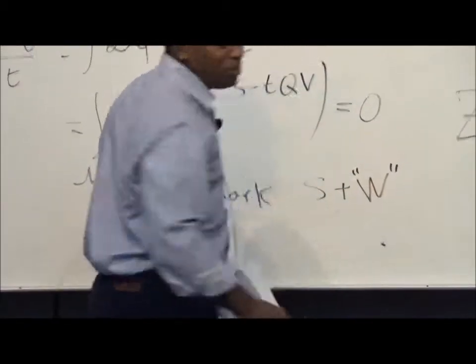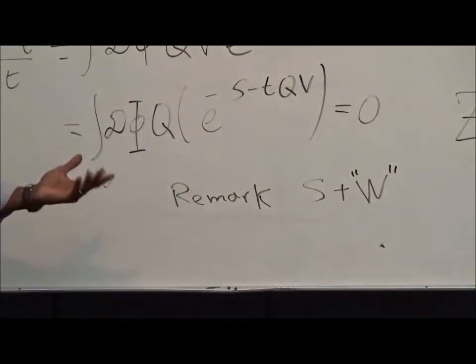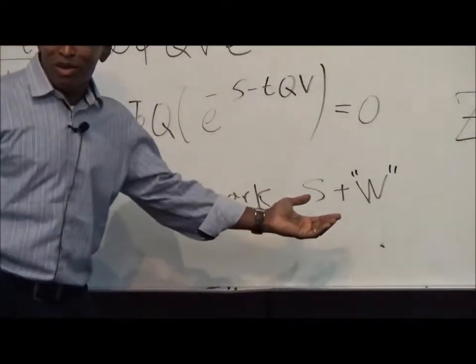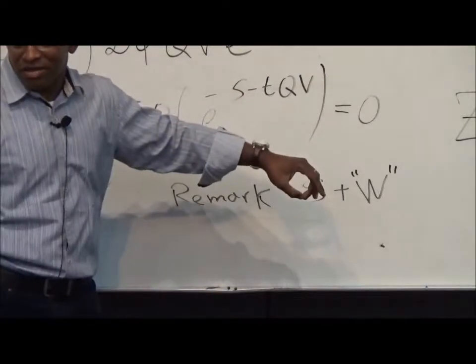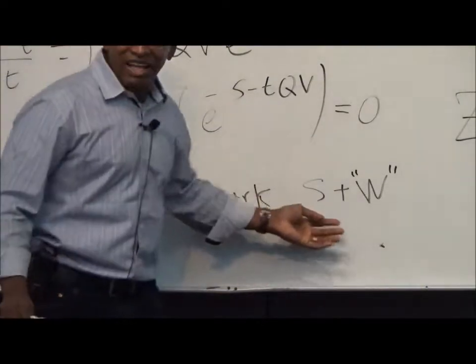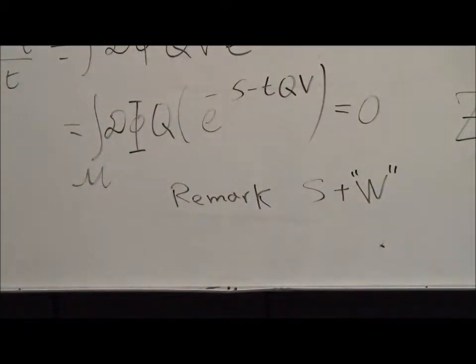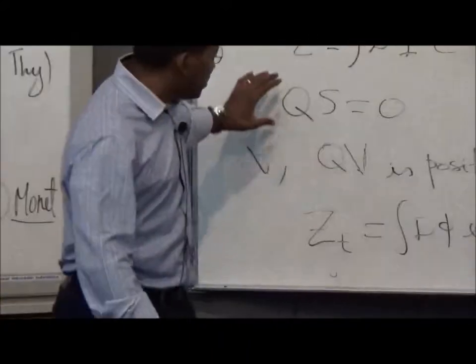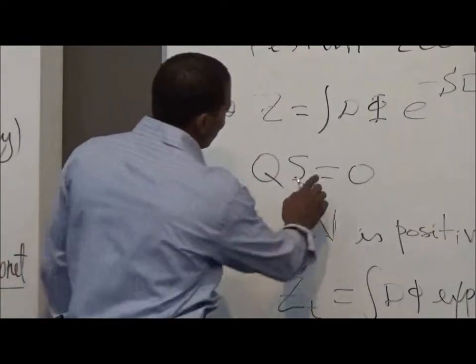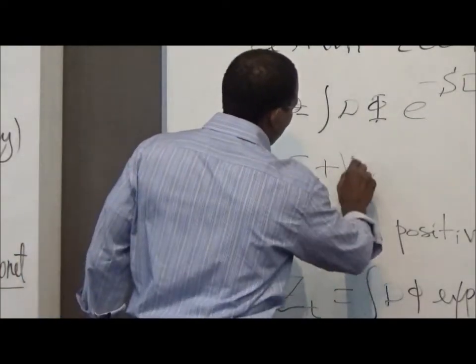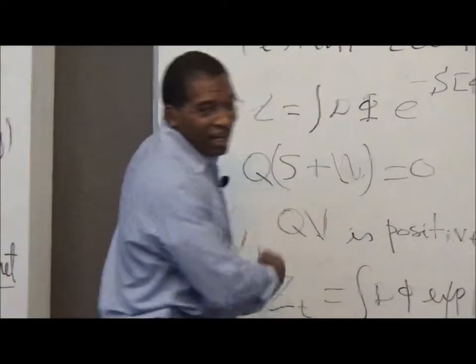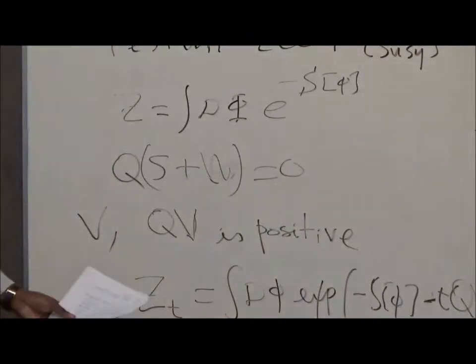I can write my Wilson loop, because if I want to compute the expectation value of the Wilson loop, I just have to insert it in the path integral, right? It's a little bit like adding it to the action. But still, my argument works, because if the Wilson loop is supersymmetric, I just have to put it here, I run my argument again, and I can evaluate now the expectation value of the Wilson loop.